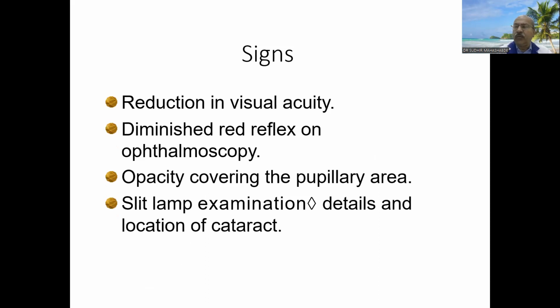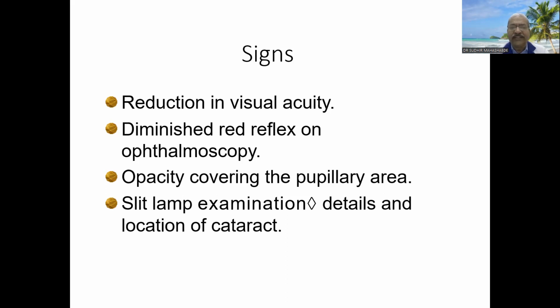So what are the signs of cataract? There is a reduction in the visual acuity, diminished red reflex on ophthalmoscopy, and opacity covering the pupillary area. On slit lamp examination, we can identify the finer details and location of the cataract.